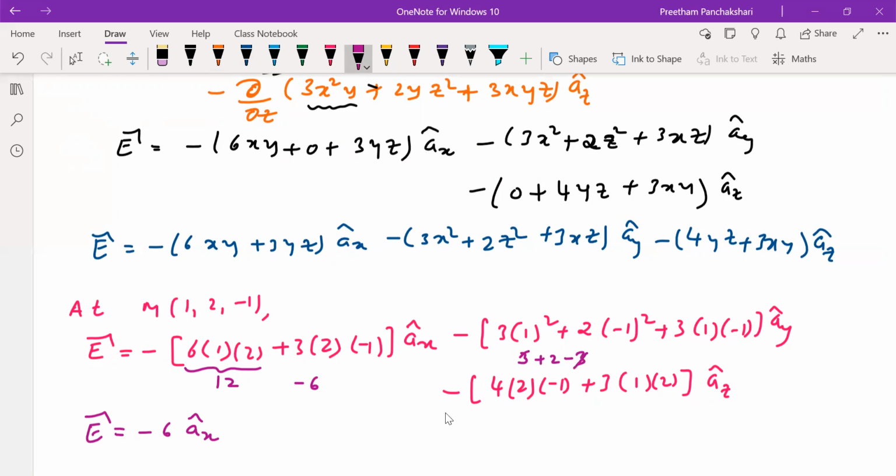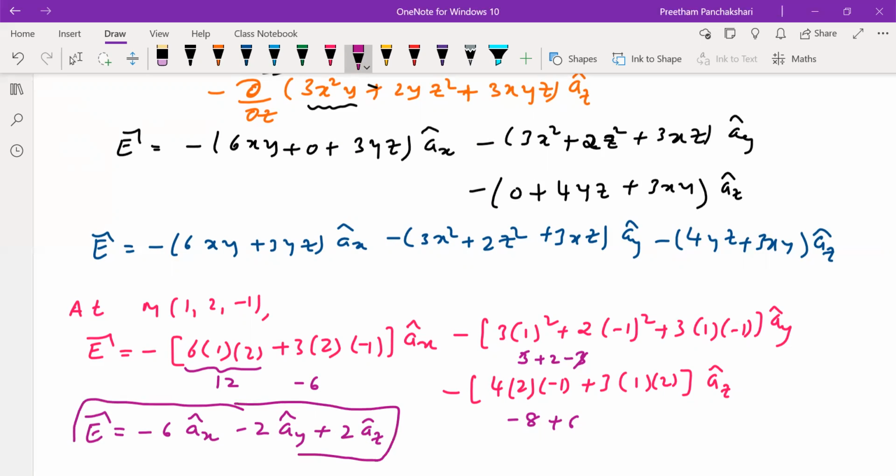So both get cancelled out. You will be left with the 2. 2 into minus 1 is minus 2. So it's going to be minus 2 ay. The last one: it is going to be minus 8 and this is 6. So we're going to get minus 2, so minus into minus is plus 2, az cap. This is the electric field at the point M, volts per meter.